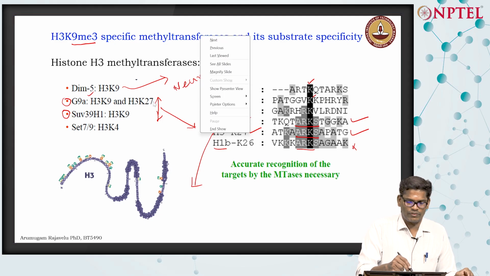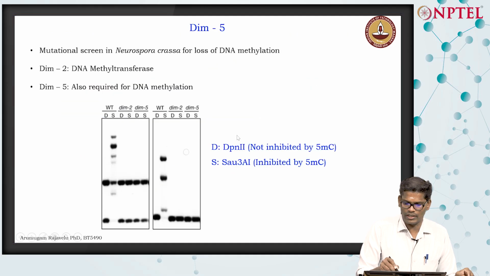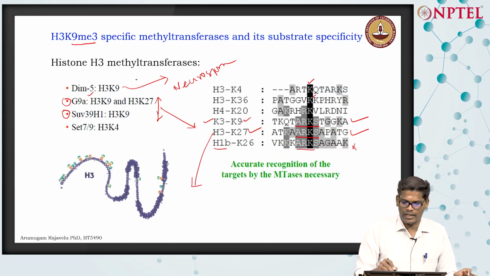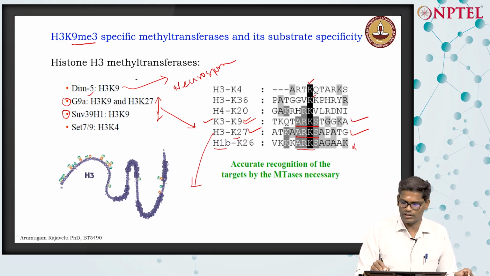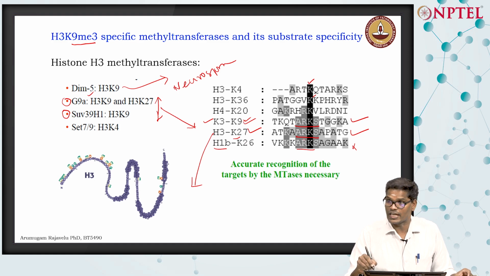Similarly, G9A and SUV39H1 methylate only at K9 positions. Very rarely, under rare circumstances, it can methylate at 27 in in vitro conditions. In vivo, there is no evidence.